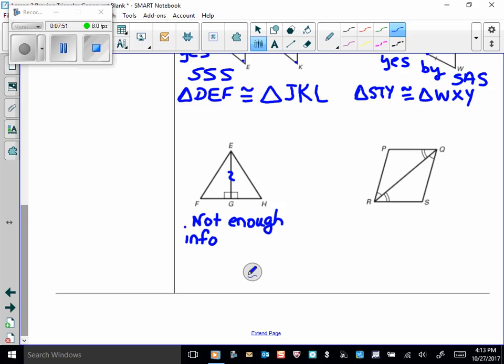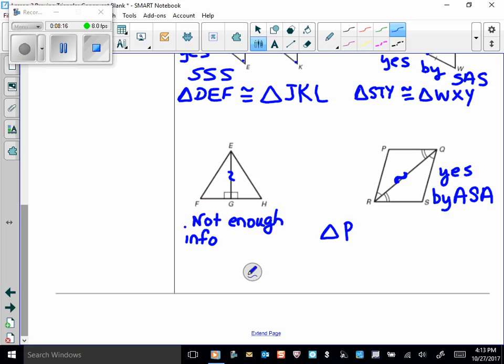So I got two sets of corresponding angles, and then this side right here is congruent to itself. So yes, and that would be angle side angle, right? Because that side RQ is included. But watch this, guys. You got to be really careful, because if I name corresponding, let's just start with PQR.